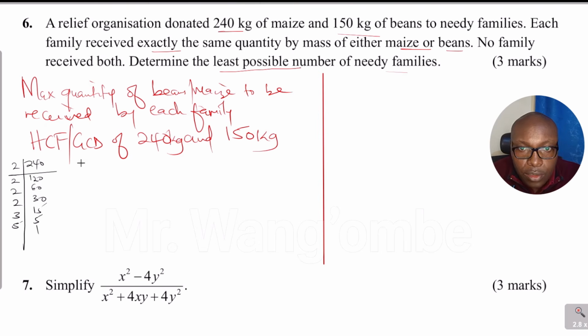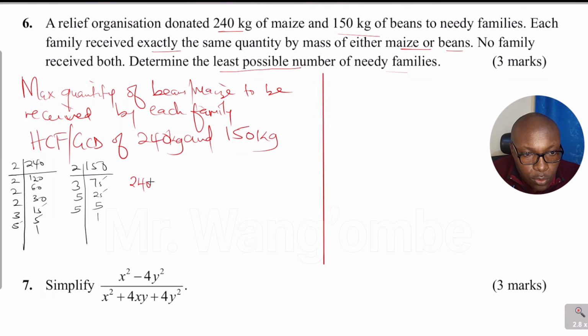And then 150, we can express that one in power form. So by 2, 75, by 3, 25, then by 5, 5, then by 5, 1. So now we have for 240, let me write it here.